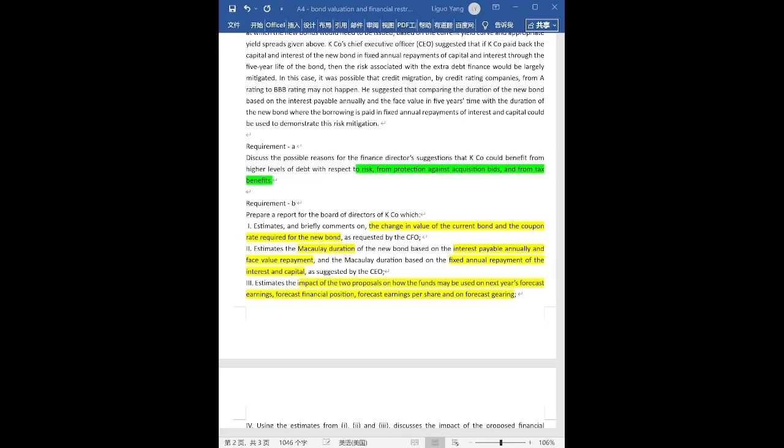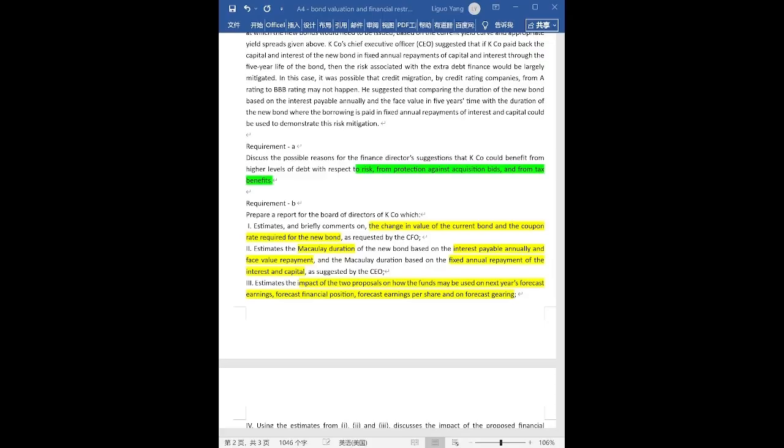Where the relative level of debt finance is increased in the capital structure of a company through a financial reconstruction, these reasons for acquiring a company may be diminished.